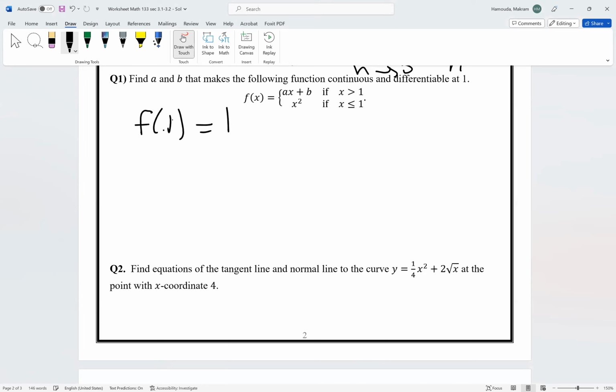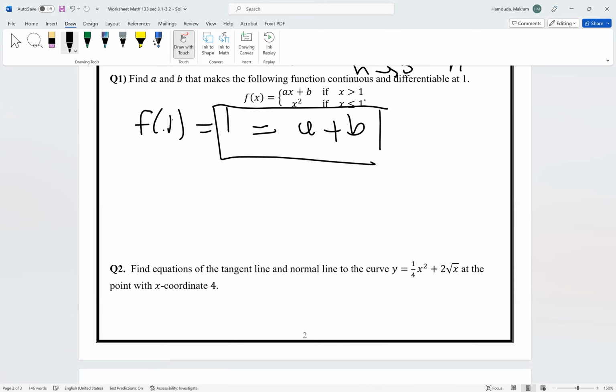And this is, by the way, the value to the left of 1. It must be also equal to the limit when x approaches 1 plus, that means a plus b. So this is the first condition on a and b to have the continuity at 1.